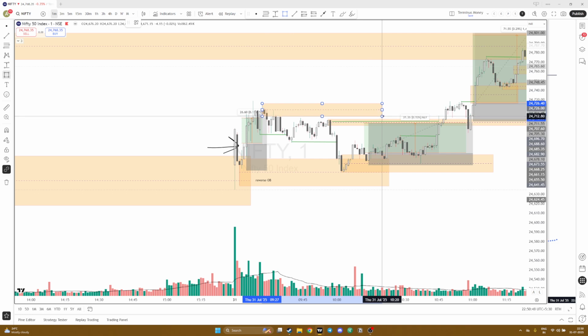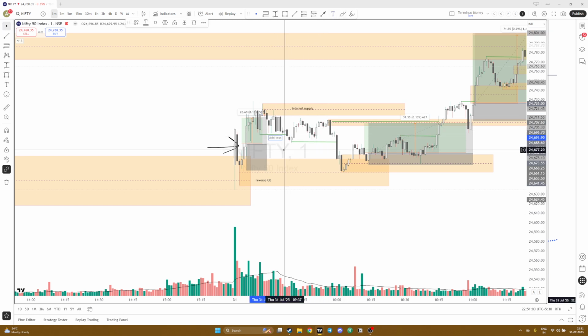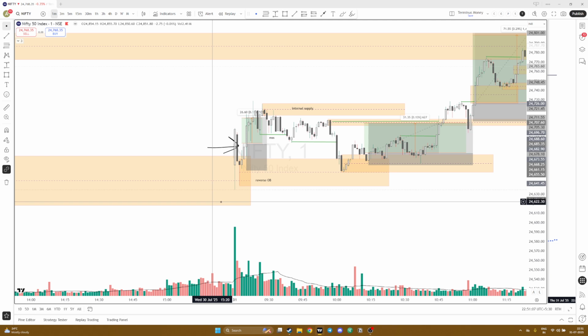So my upper zones were also clear. You can say this candle marked the internal supply. And then it fell, it caused a break of structure right here. You can say market structure shift, because the structure of the market was on the upper side.